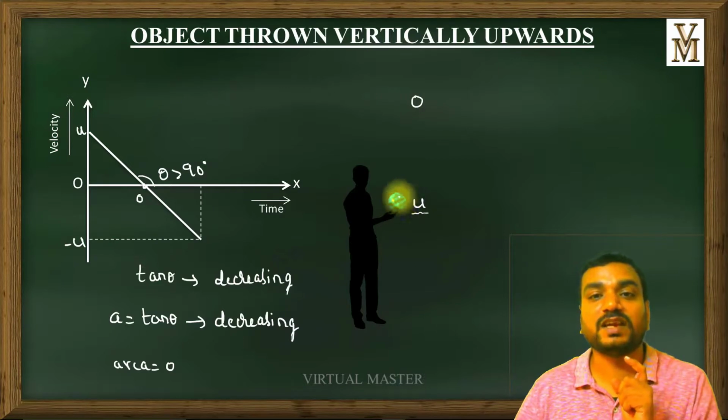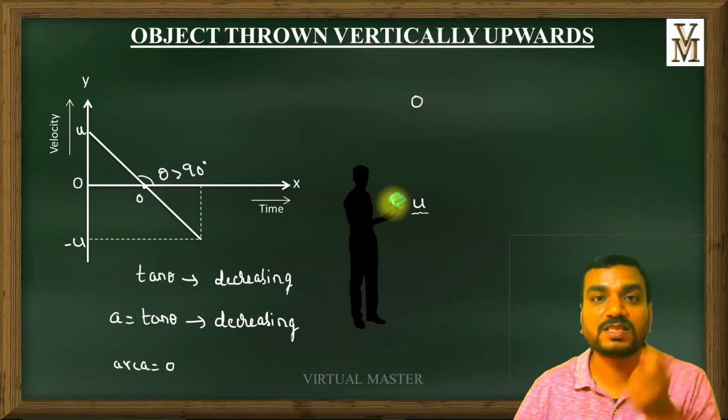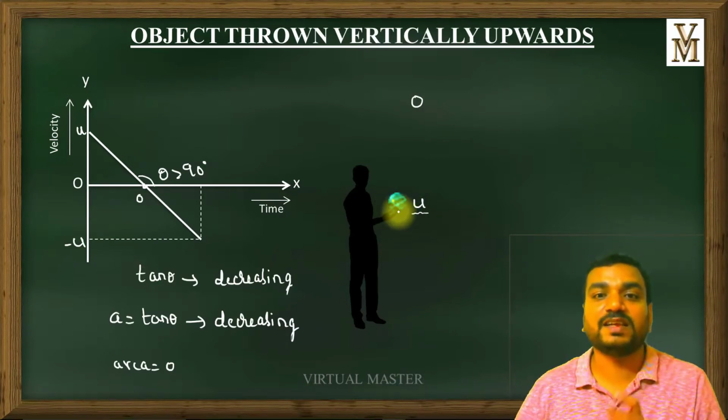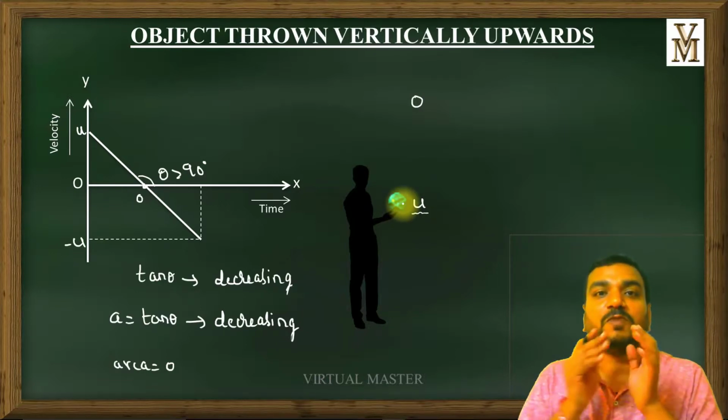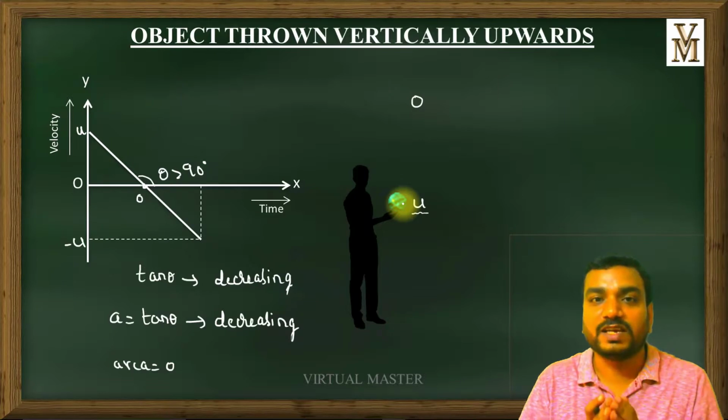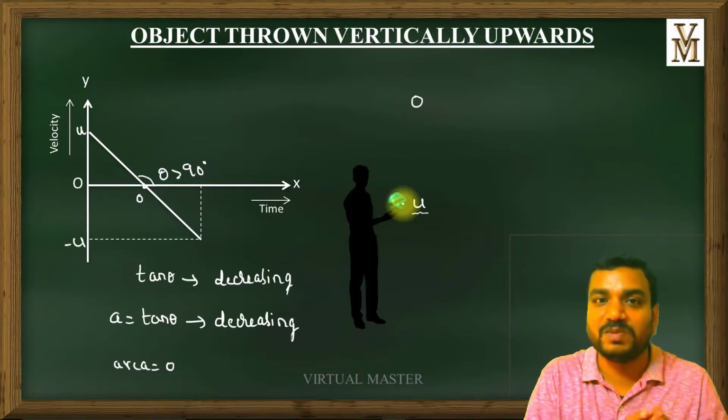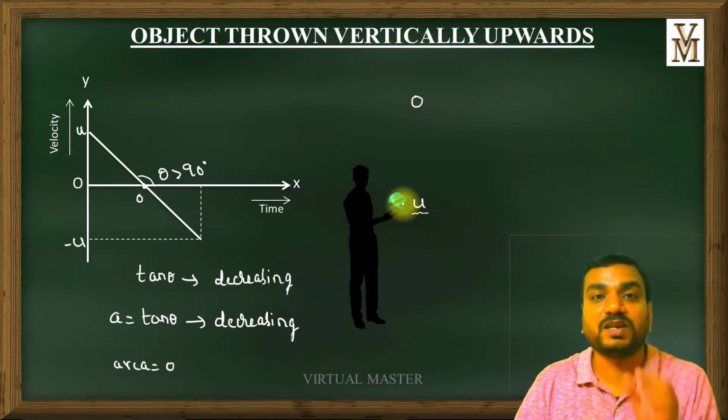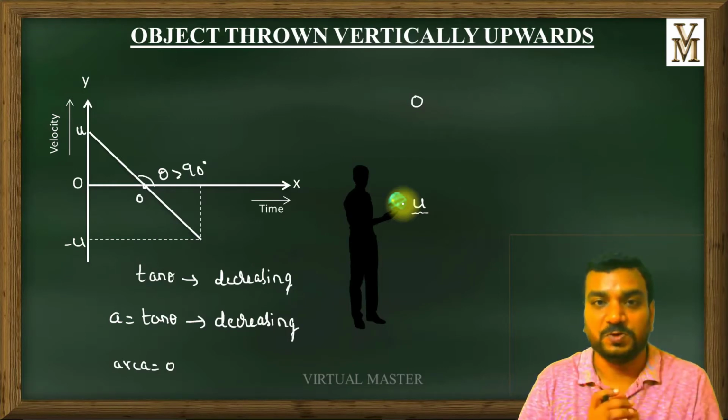The initial position and the final position of the ball are the same, so we can say that the displacement of the ball is 0. Whenever the object is thrown vertically upwards, the acceleration will be negative and the displacement of the object will be 0. I hope everyone has understood the velocity time graph of the object when it is thrown vertically upwards.